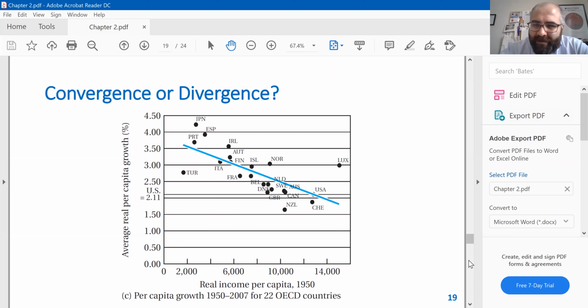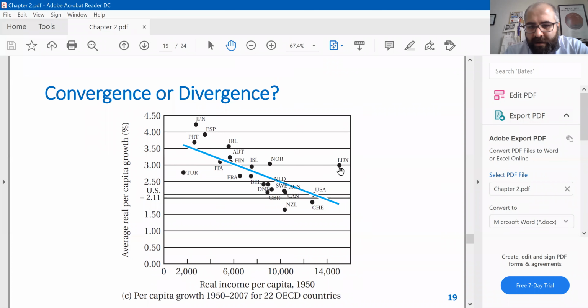Now, this looks at a wider time span. What happens after 1950, as you see, right? After 1950, we see that in OECD, poor economies grow faster. These initially poor economies include Japan, Spain, Portugal, Turkey, Ireland, Italy, and that goes on.